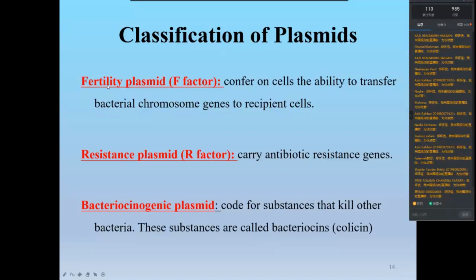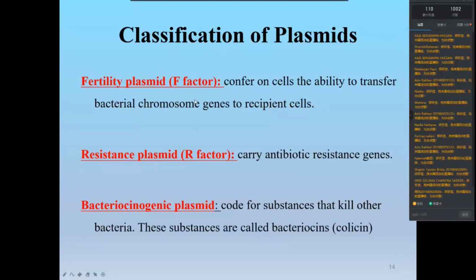For the fertility plasmid, or we call it the F factor, it confers on cells the ability to transfer bacterial chromosome genes to recipient cells.